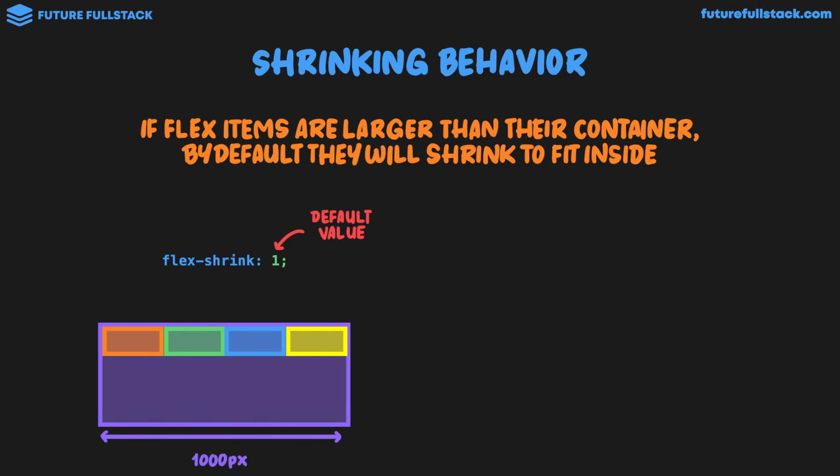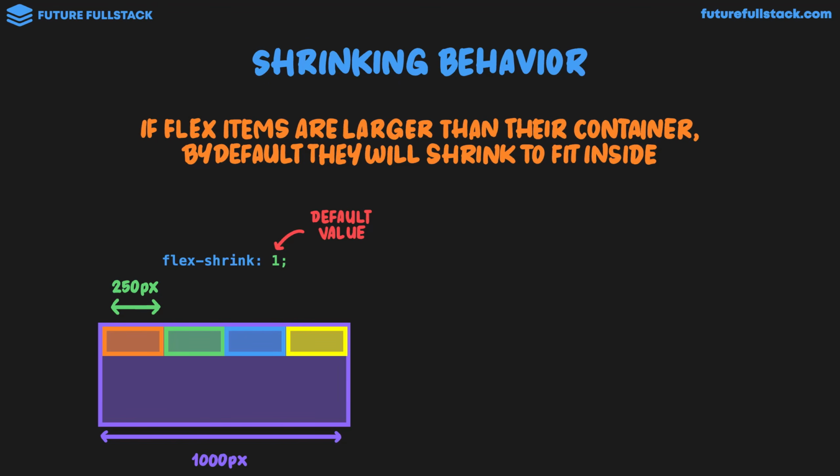That would mean that the total width of these flex items is 1200 pixels, so we should expect to see overflow. But behind the scenes, our flex items have a flex-shrink value of 1, which means that each flex item is absorbing the overflow space. So that 200 pixels is effectively divided by 4, so each flex item will absorb 50 pixels. So the width of the flex items will be 250 pixels.